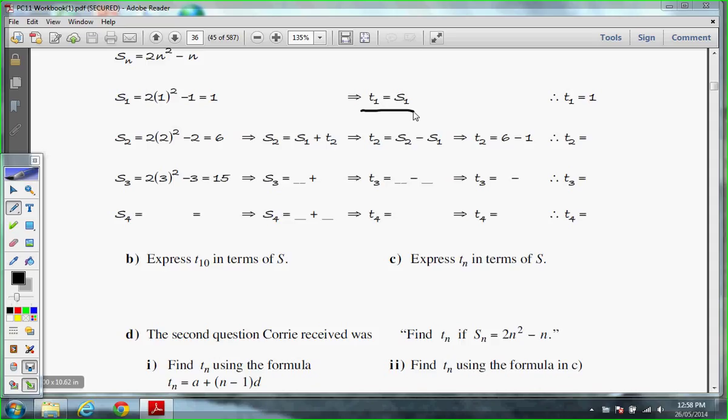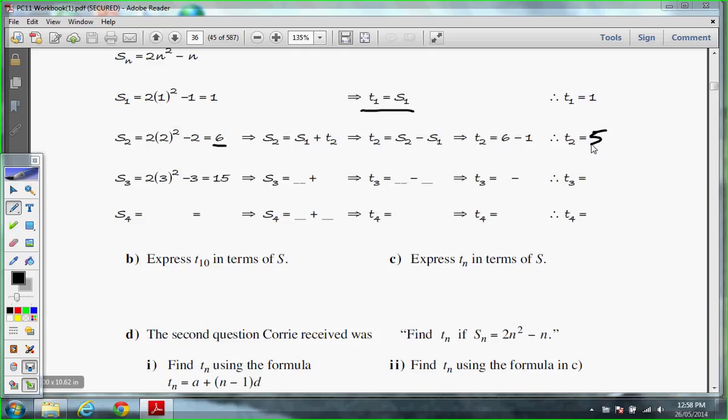Change it a little bit. Put a 2 in. You get 2 squared is 4. 4 times 2 is 8. Minus 2 is 6. S2 is equal to S1 plus T2. T2 is equal to S2 minus S1. T2 is 6 minus 1, so T2 is 5.